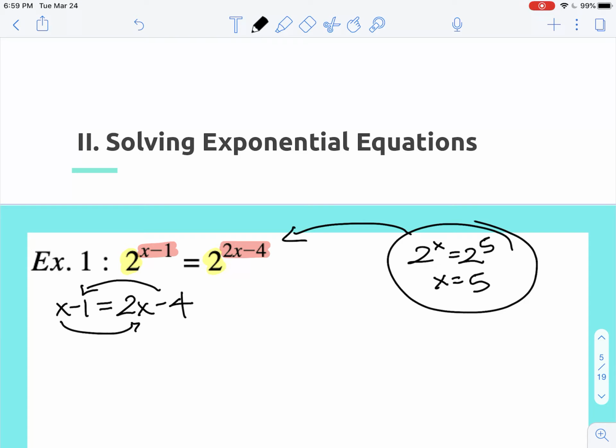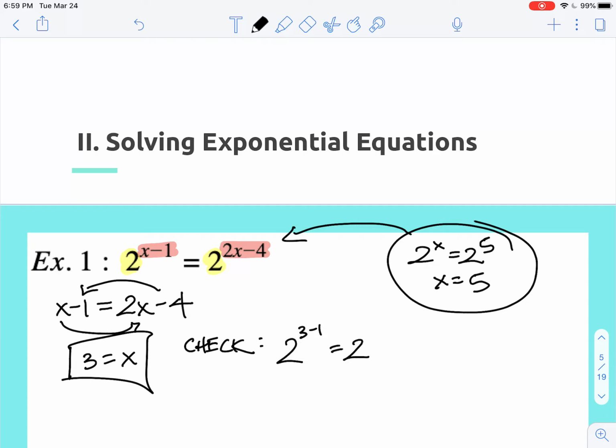So negative 1 plus 4 gives me 3, and 2x minus 1x gives me x. And so I've got my x value, and we're going to make sure that we check our answers here. When we do that, we get 2 to the 3 minus 1 equals 2 to the 6 minus 4, or 2 squared equals 2 squared, and we're good to go.